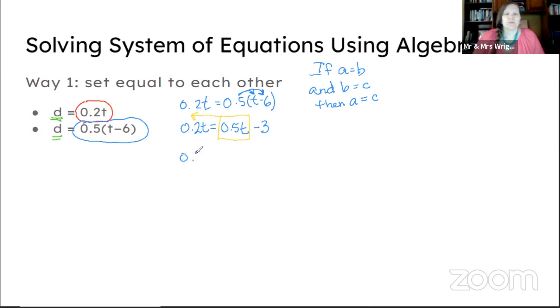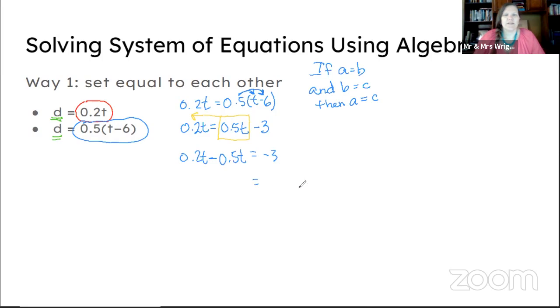So the 0.2t stays exactly the same, but my 0.5t is going to go from positive to negative 0.5t. We can do that using the subtraction property of equality. So here we have 0.2t minus 0.5t equals negative 3.